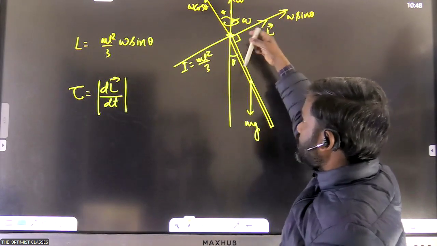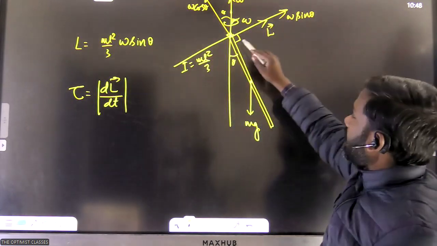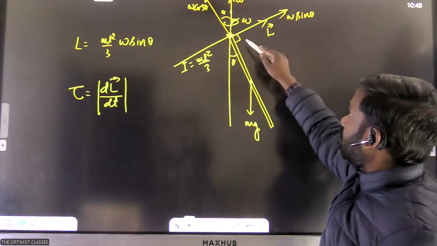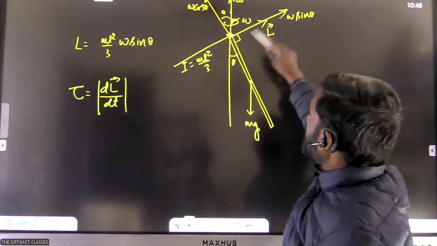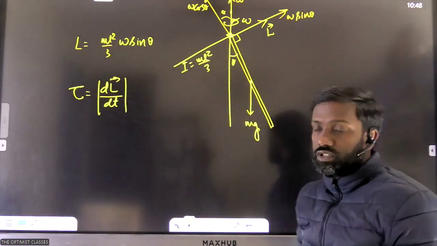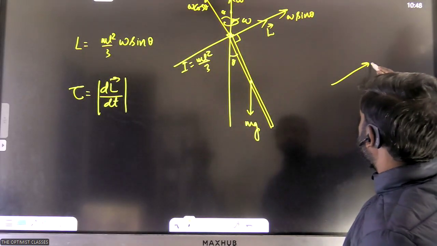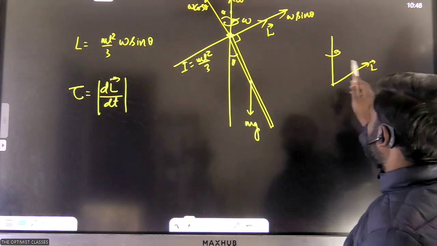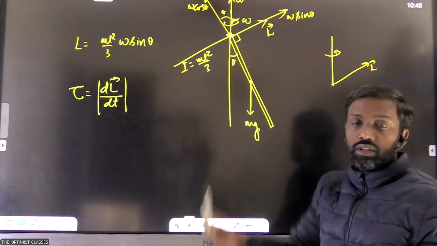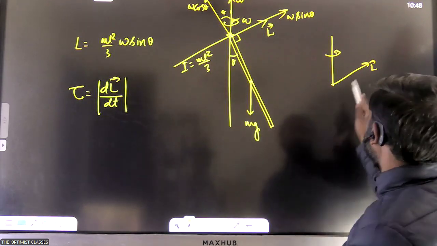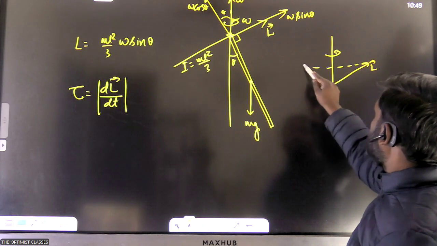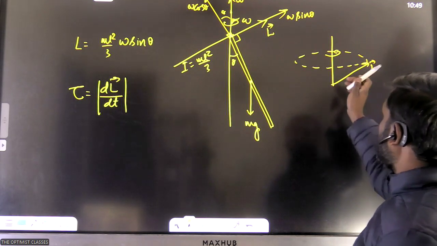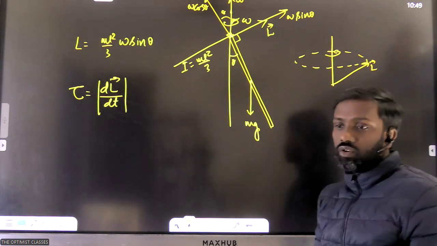After some time the position of the rod will change, so angular momentum will always remain perpendicular to the rod like this, and the direction of angular momentum will also change. This angular momentum is also going to rotate about this axis with angular velocity omega, since the rod is rotating about this axis with angular velocity omega. So we can say this angular momentum is going to precess like this. There will be precessional motion of angular momentum.